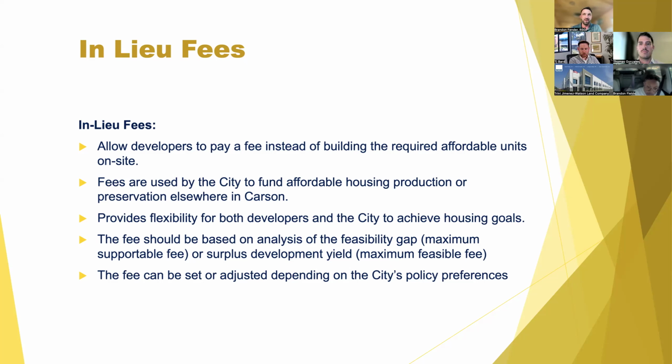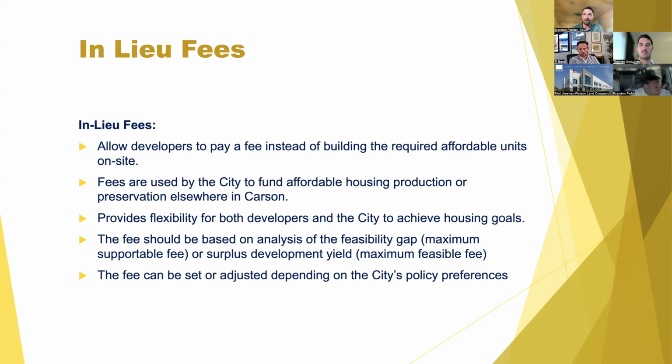This is important because as the city collects those funds and accumulates them, those funds can be leveraged with other state and federal funding sources to produce more units than would otherwise be built as inclusionary units. For example, I mentioned 5 to 15% as common inclusionary requirements.